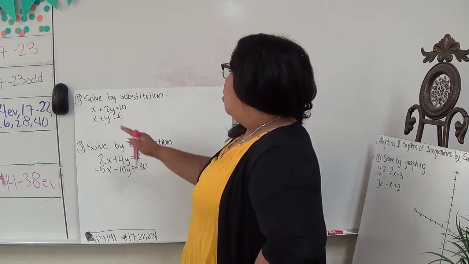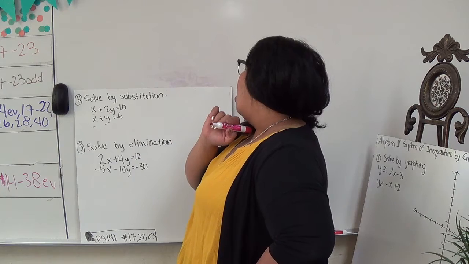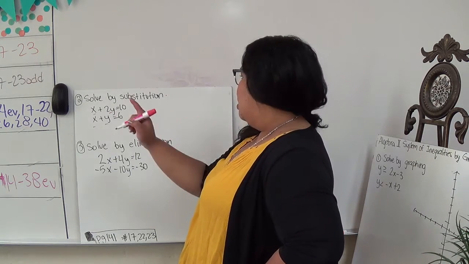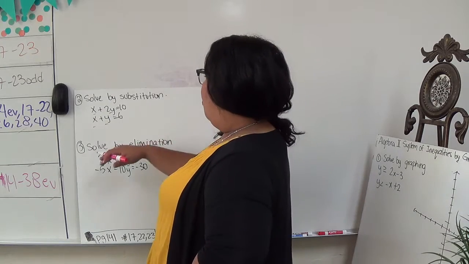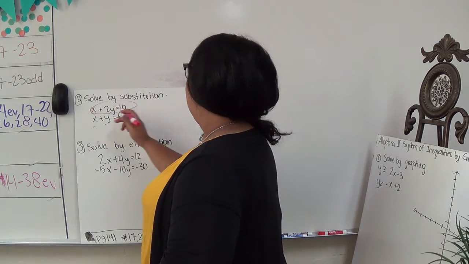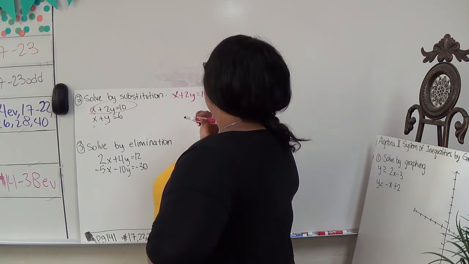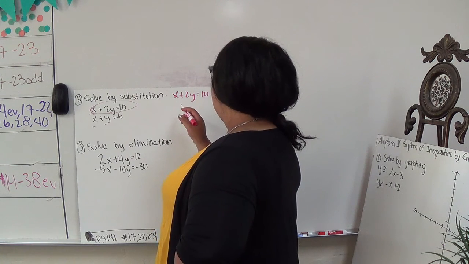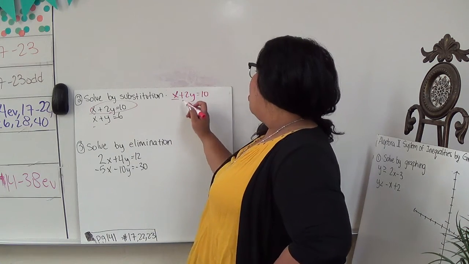So for substitution, I'm going to solve one of the equations for x, or a variable. I'm going to take this first equation right here, x plus 2y equals 10. I'm going to solve for the variable that's by itself, so I'm going to get rid of the 2y.